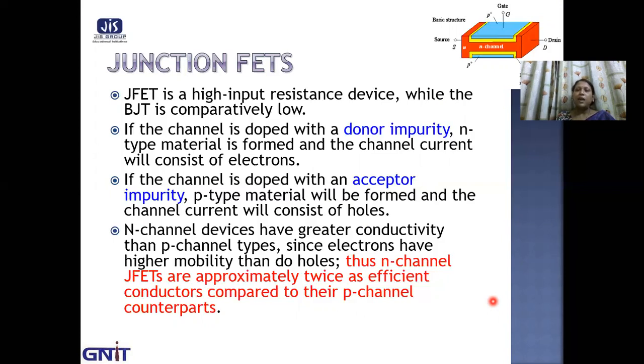N-channel devices have greater conductivity than P-channel devices, as the mobility of electrons is roughly 2.5 times higher than holes. Thus, N-channel JFETs are approximately twice as efficient conductors compared to P-channel JFETs.